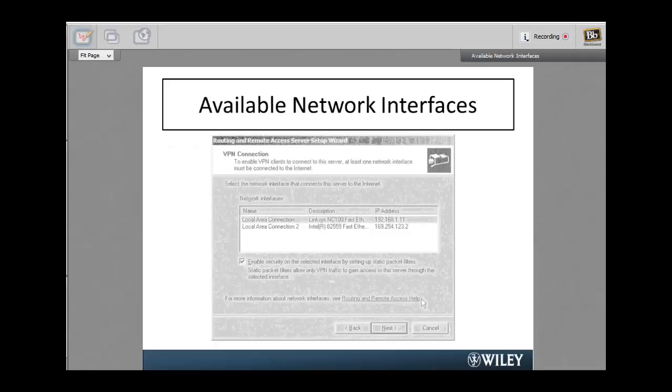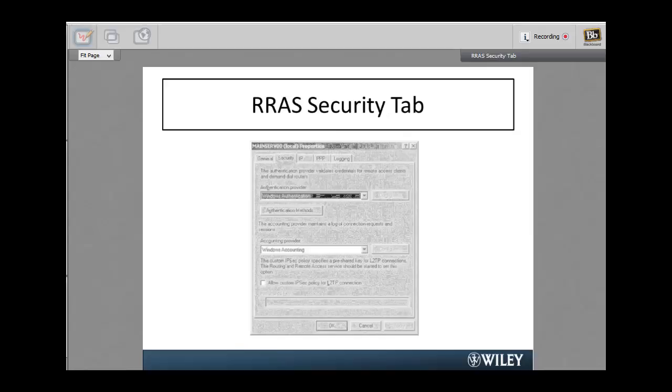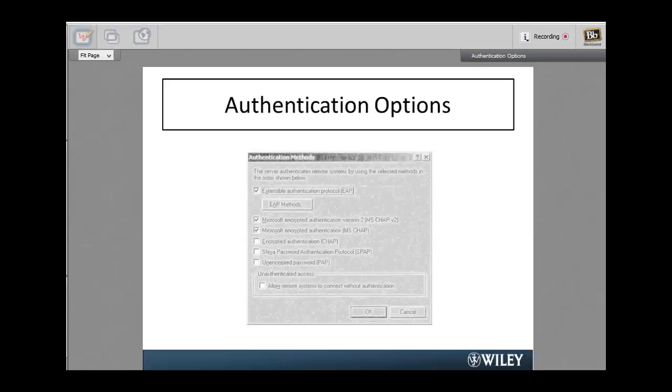You can see here the available network interfaces, and these are the configurations you see in Windows. These are the RAS server properties, and the RAS security tab, where you can specify the options.